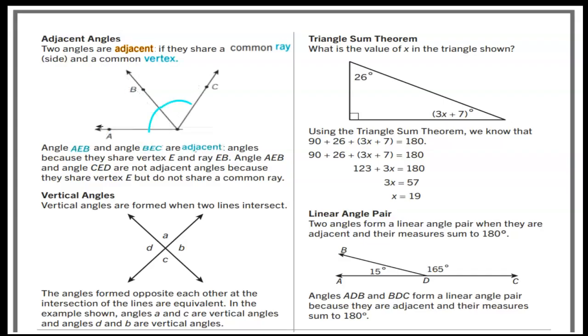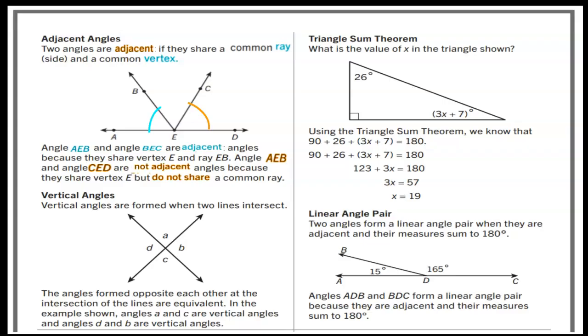Angles AEB and BEC are adjacent angles because they share a vertex E and a ray EB. Angles AEB and CED are not adjacent because they share a vertex E, but do not share a common ray.